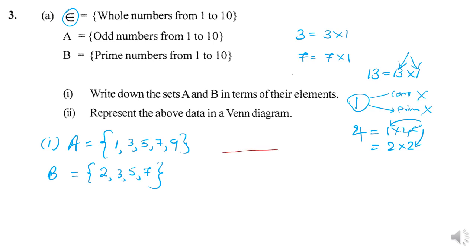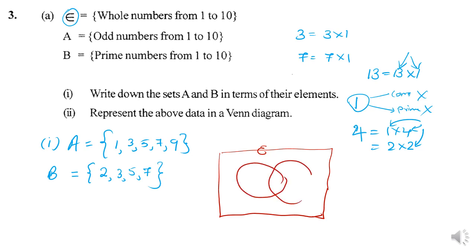Let's do a Venn diagram, and we denote the universal set in this one, and we will take A and B. A are the odd numbers, B are prime numbers, right? So then we will find the intersect of these two sets.